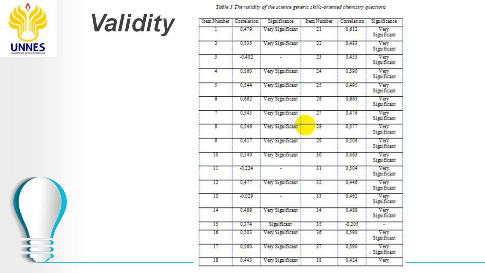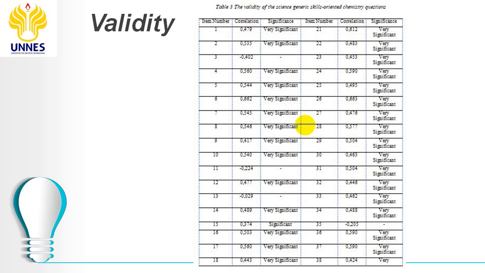A question is said to be valid by comparing RPBI and R table. The R table value is chosen at a significance level of 5% in accordance with the number of test questions to be studied.